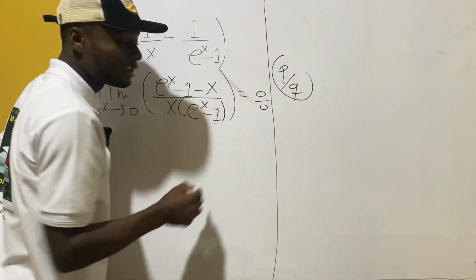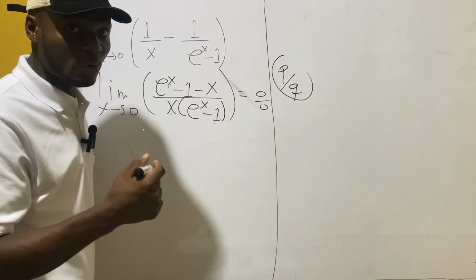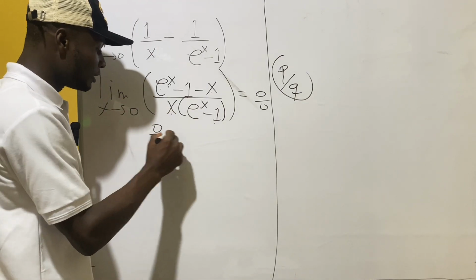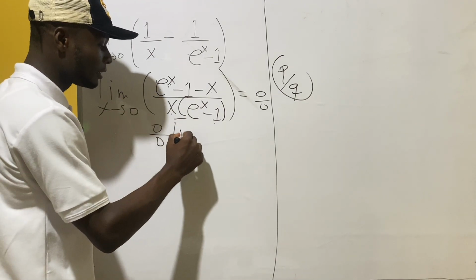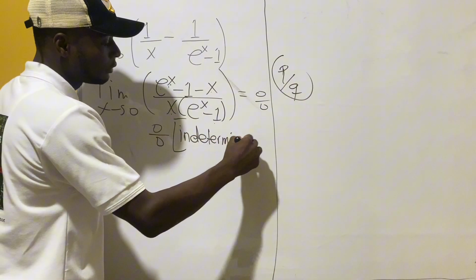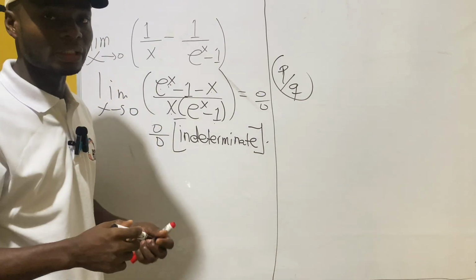So we have 0 over 0, which is indeterminate, and that gives us the liberty to use L'Hopital's rule.